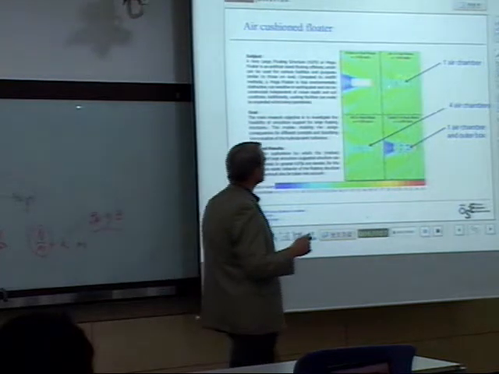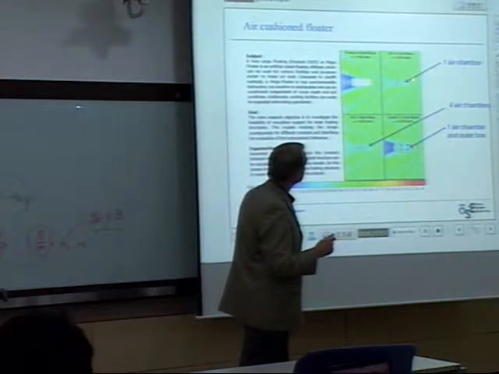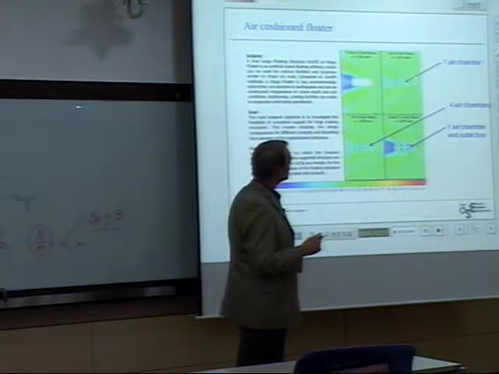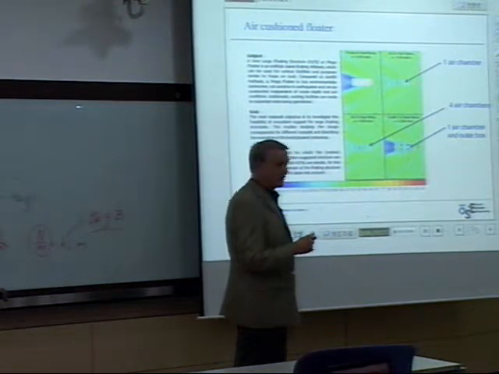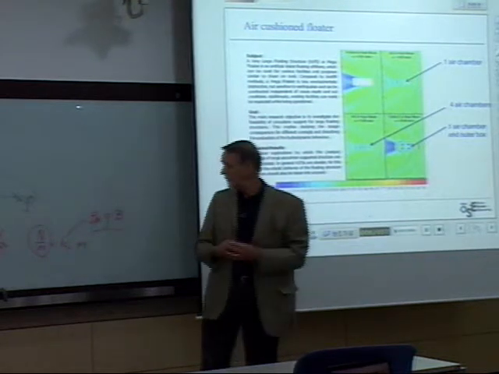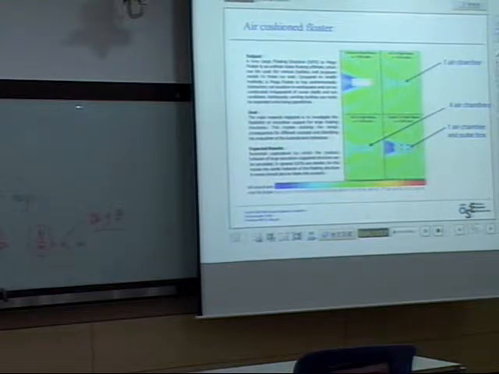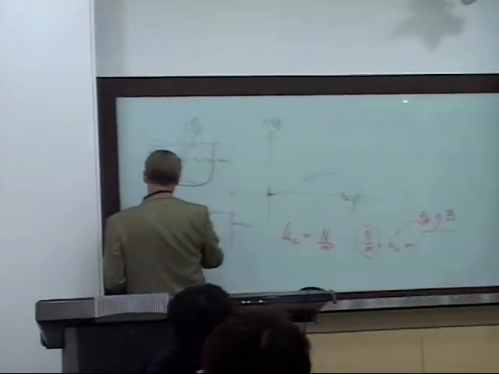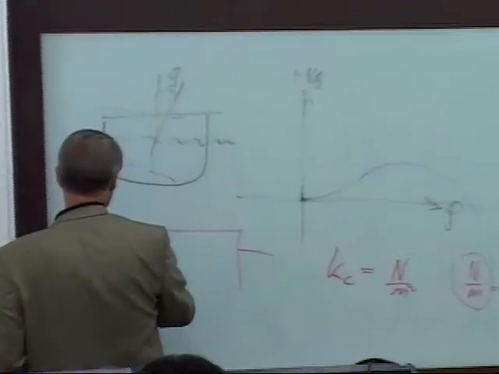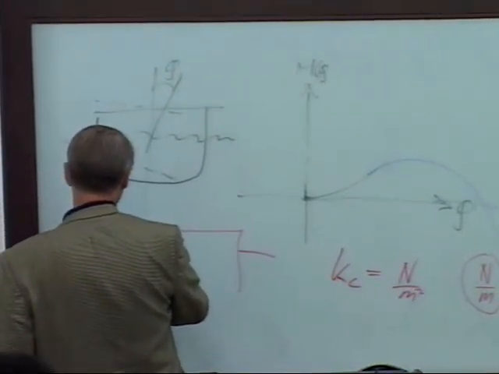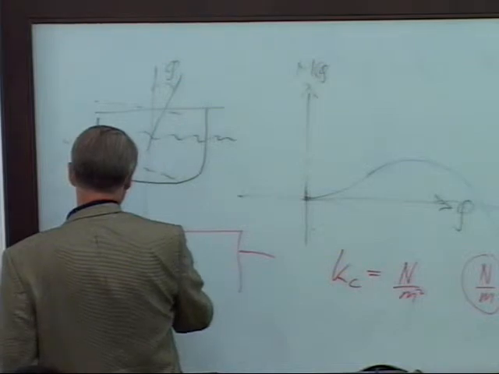So the idea is that if you make a box here which is filled with air inside, what you'll see is that these waves continue inside. Understand what I'm saying? We have a structure which is a box, the water here, and then we have some pressurized air.